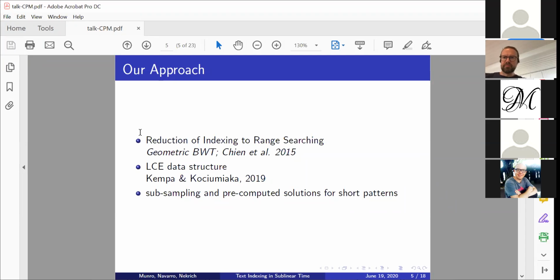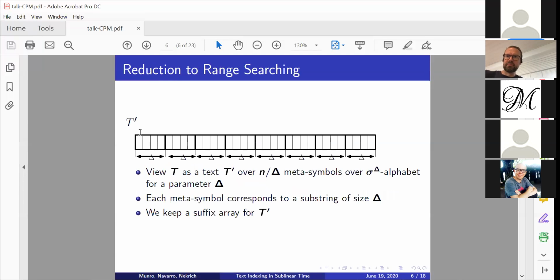Okay, I will give a general description, but will not go into much detail. And I will just concentrate on counting queries. So the idea of reduction of the problem to range searching is as follows. We divide the text into blocks of equal size delta for some parameter delta.